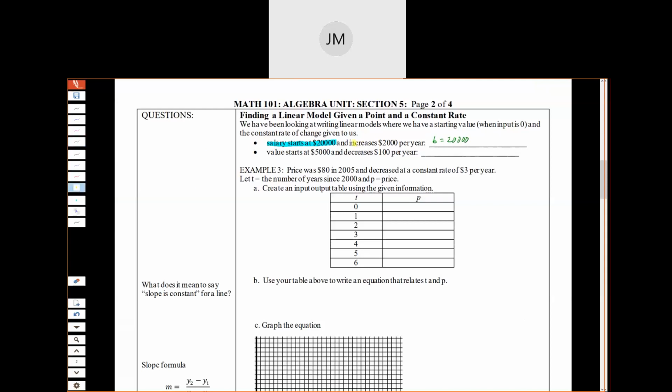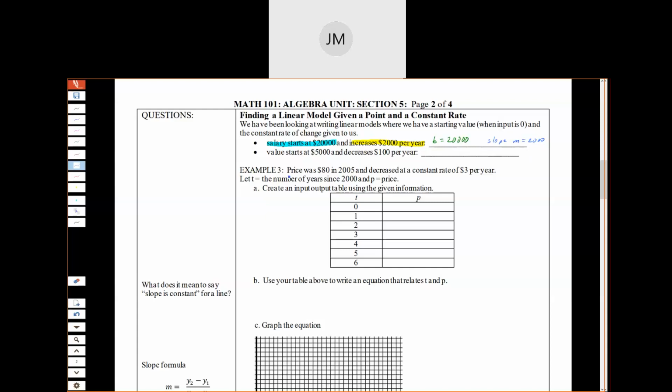And when they say it increases $2,000 per year, that means that my y value is going up by 2,000 every time my x value goes up by 1, because it's per year. So that second part is telling me that the slope, m, is 2,000. Or you could write 2,000 over 1, but 2,000 over 1 is the same as 2,000.